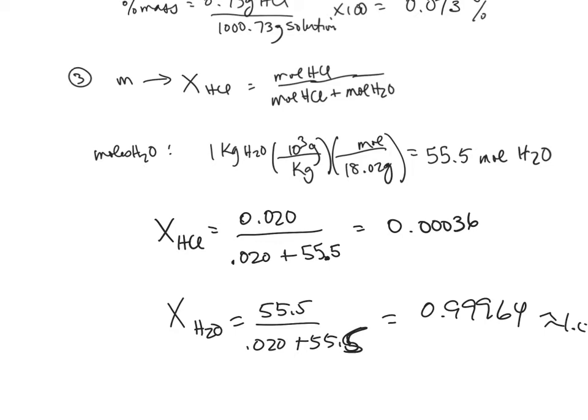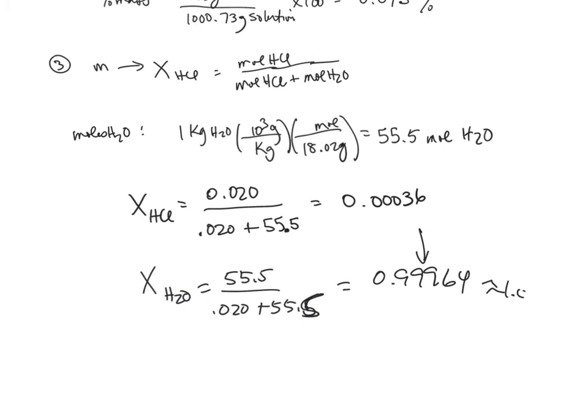So if you had enough sig figs, you could say 1 minus 0.00036 is equal to this, but in the end, you probably end up with 1 or 0.9999, which is fine. This is the one we're usually interested in anyway.